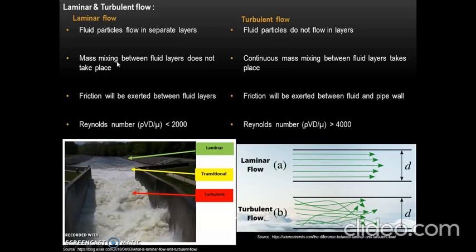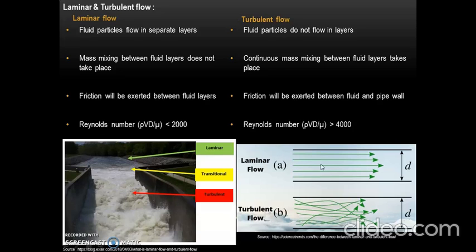In case of laminar flow, mass mixing between fluid layers does not take place as they are moving in definite path. Whereas in case of turbulent flow, continuous mass mixing between fluid layers takes place. So it is very easy to mix liquids when the flow is turbulent.